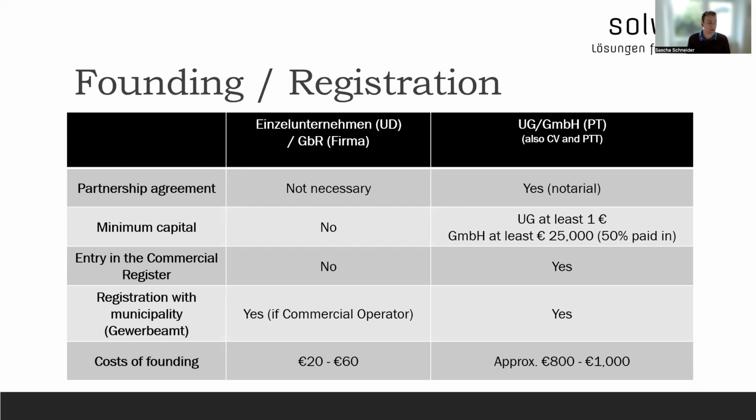So in sum, you need to calculate 800 to 1,000 euro to open a GmbH, beside the 12,500 euro minimum capital you need to pay in indirectly. So you need at minimum, let's say, 14,000 euro to found a GmbH. If you open a UG, then of course 1,000 euro would be enough, I guess.